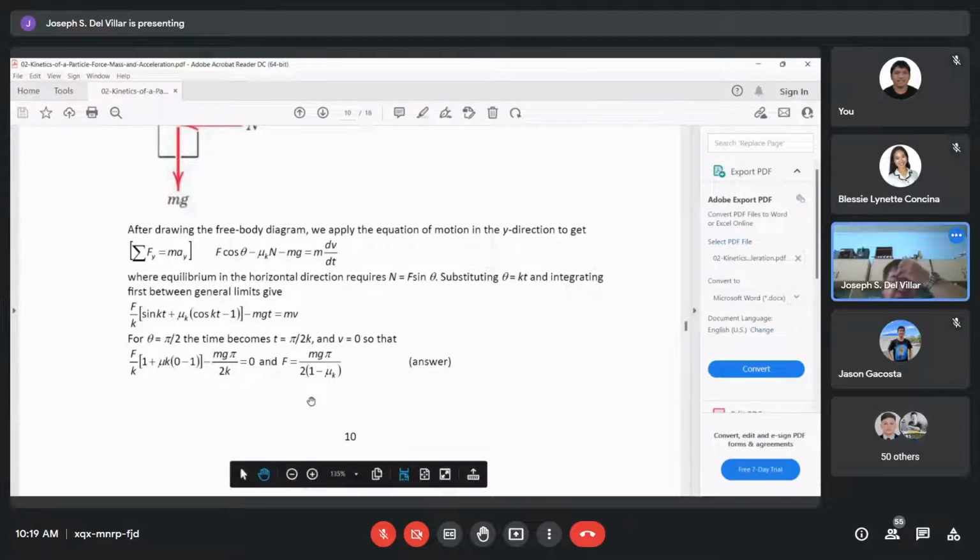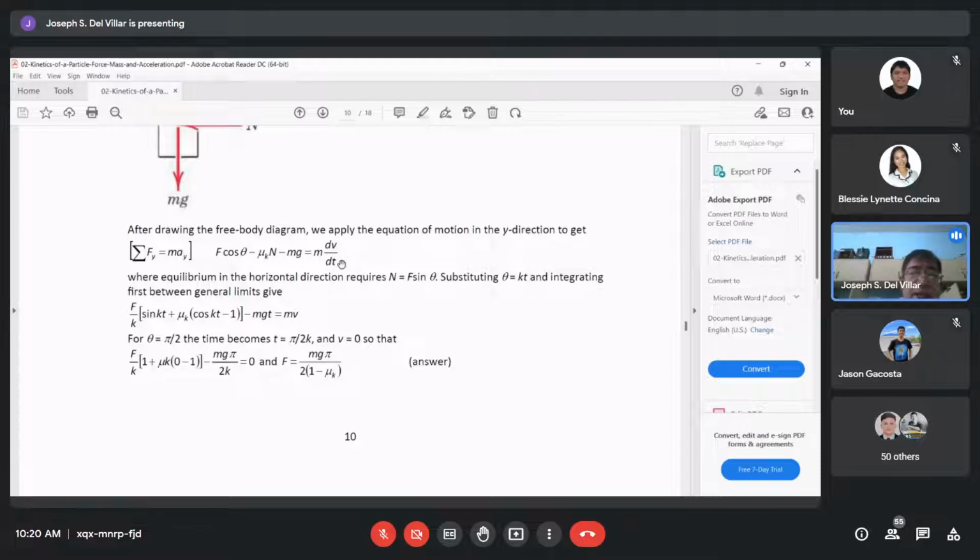Any question dito na kung paano nakuha tong equation na F over k? Kasi F cosine theta dt minus mu k N times dt minus mg dt is equal to m dv. Okay? And then, pag natanggal yung dt, so may dt na dito sa left, nawala na siya sa right, pero may dv siya. So you can now integrate both sides.